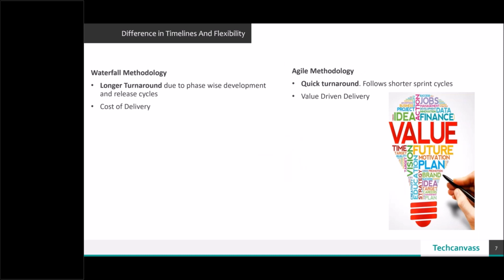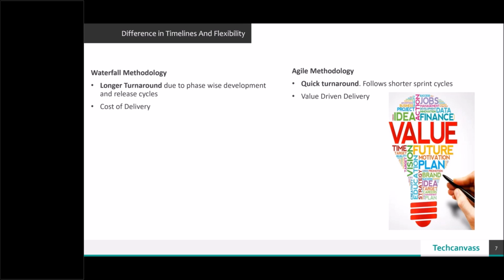In terms of timelines and flexibility, waterfall methodology, as everyone is aware, definitely has a longer turnaround, because the release cycles are planned accordingly. There is a testing cycle, a SIT phase, then a UAT phase, and once the UAT is approved, with different milestones and sign-offs, you then decide and deliver the product to the production environment, or make it live for the customer.